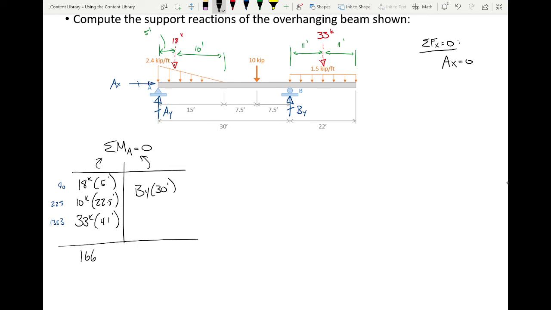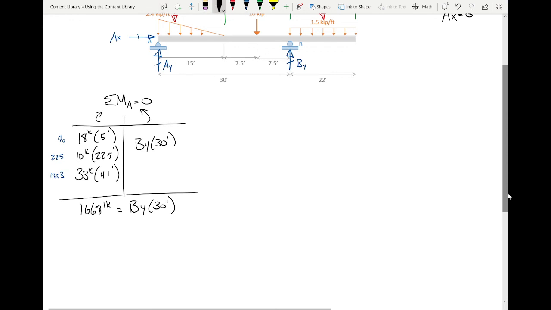Do I have a second on that? Yeah. And so we'll say foot-kips, my little shorthand there, equals BY times 30 feet. And what's BY? 55.6. Do I have a second on that?